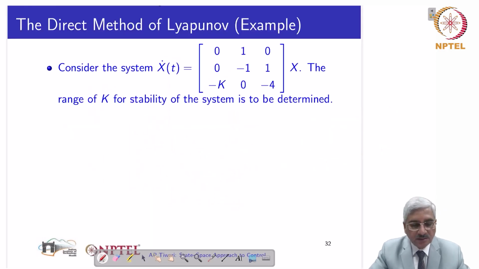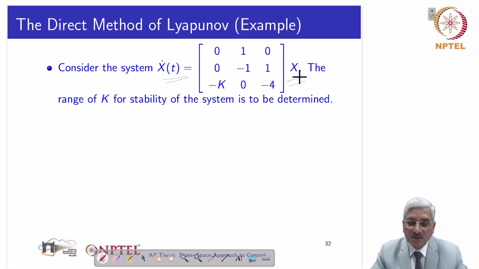Now just as an application of the direct method of Lyapunov, we show an example. We consider this linear system, of course. We are not considering a nonlinear system. I suggest you see Gopal's book, in which he has given an example of a nonlinear system.